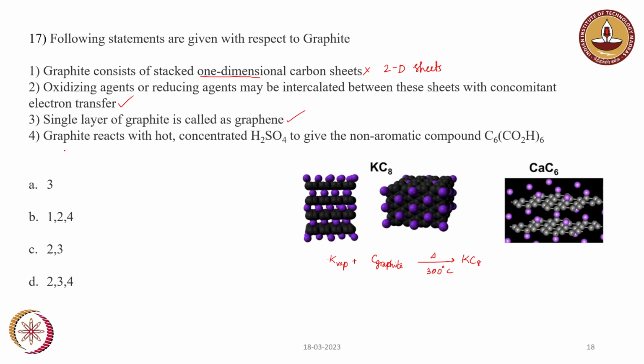And the fourth statement, graphite reacts with hot concentrated sulfuric acid to give non-aromatic compound C6(CO2H)6. So this statement is not correct because the compound C6(CO2H)6 is called mellitic acid, and it is an aromatic compound.